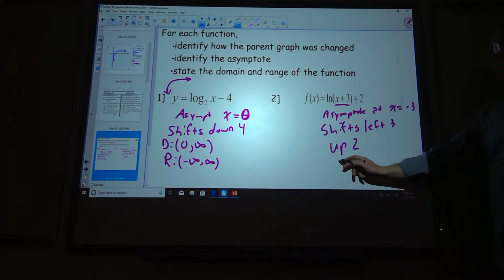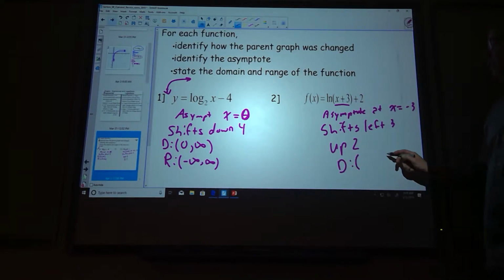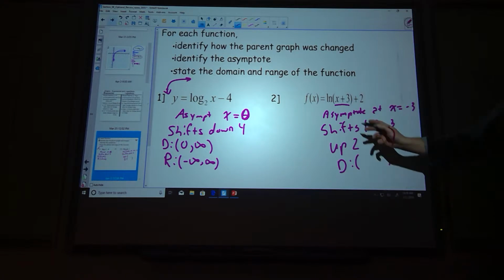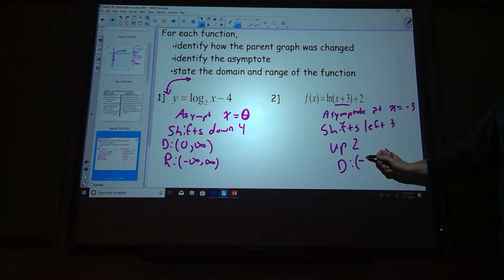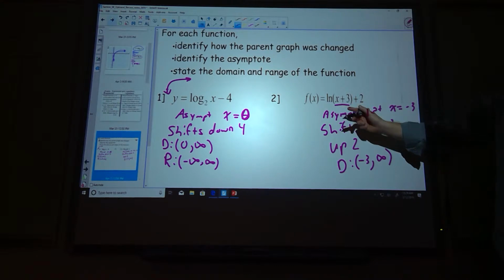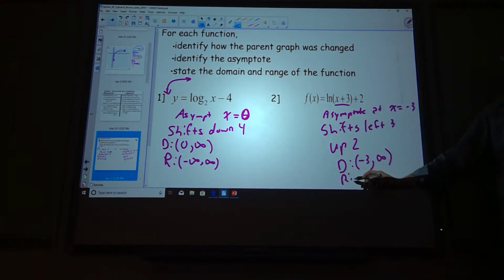And then again the domain. So the domain on this is going to be affected a little bit because I can't have natural log of 0. So I'm going to go from -3, not include -3, to infinity. There's my domain. This affected my domain. My range on this is going to do what?